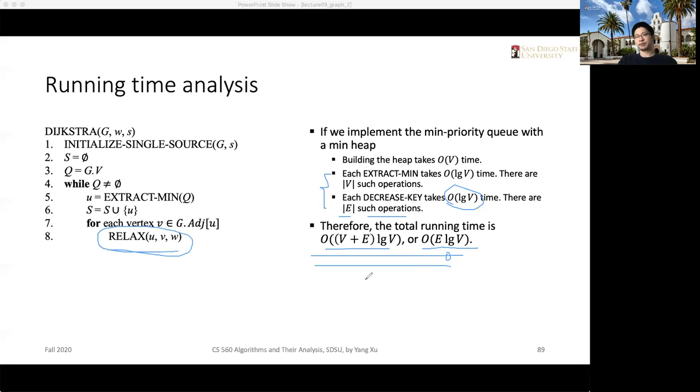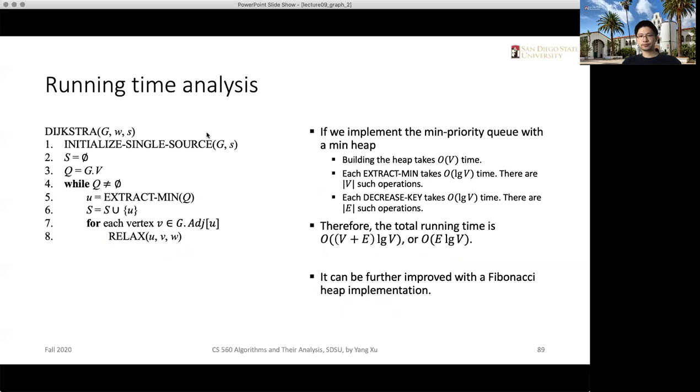We can find that compared to the Bellman-Ford, Bellman-Ford needs to make V passes, right? And in each pass, it will relax all the edges once. So for Bellman-Ford, it is actually big O of V times E, and apparently Dijkstra's algorithm is much more efficient. Okay, but again, the Dijkstra's algorithm comes with a constraint that there shouldn't be negative weights in the graph.